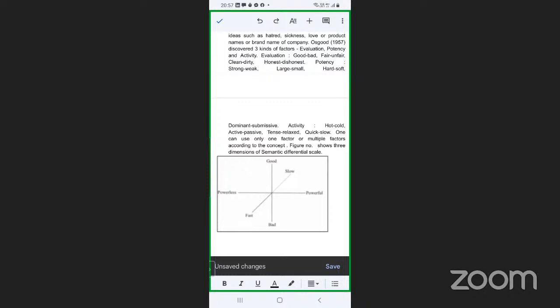So this meaning basically guides consumers' behavior. Consumers' purchasing decision is guided by the meaning.